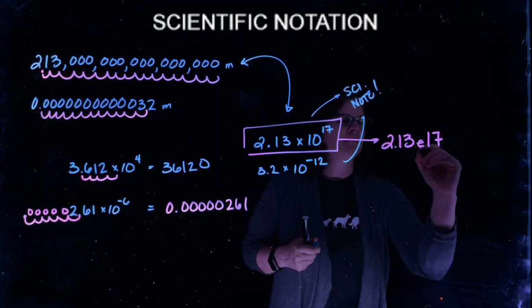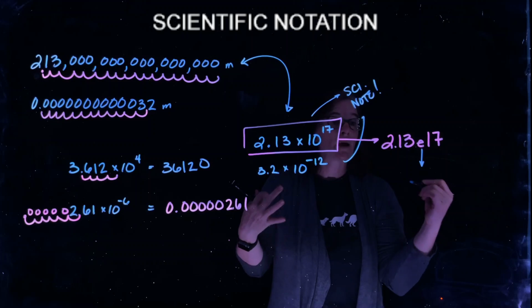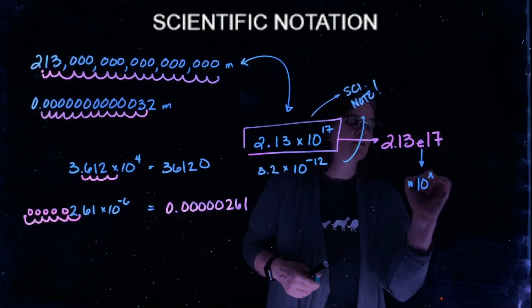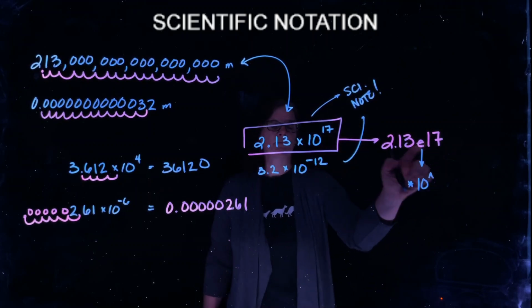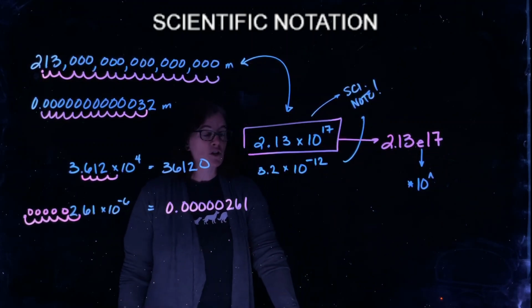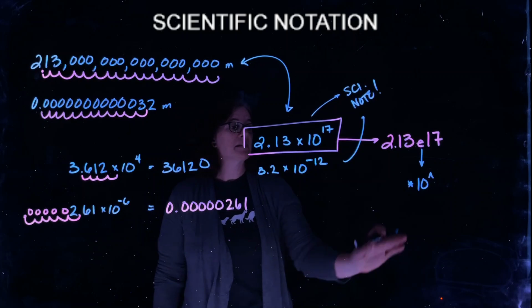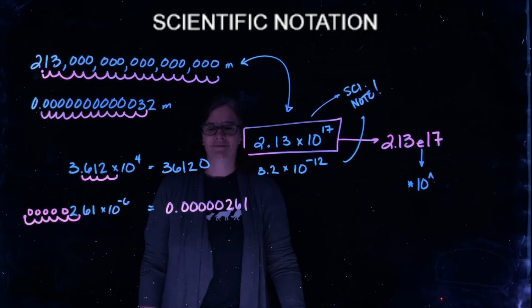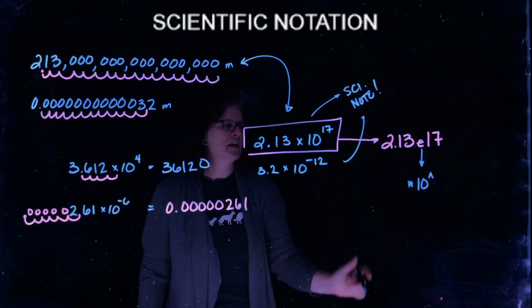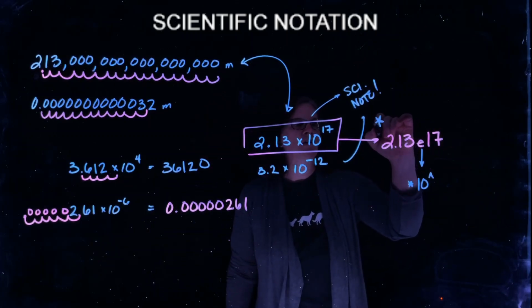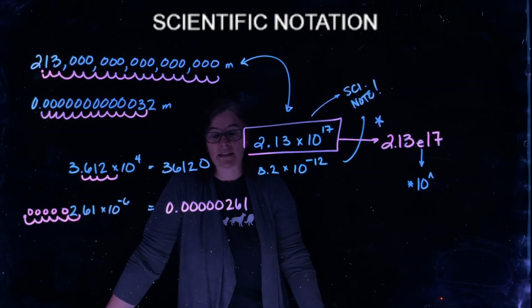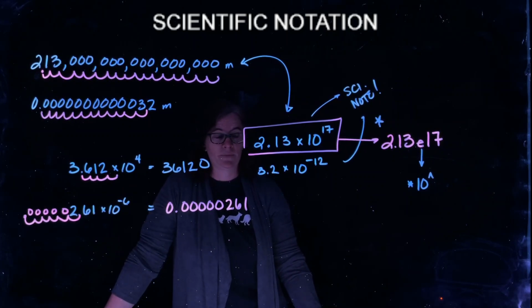This e is representing times 10 to the power that's given in that number. So I want to make you aware that this is a shorthand notation for times 10 to the, all right? This is going to be very important. You're going to see that notation on problems, in your textbook, and in practice problems that you might find elsewhere.